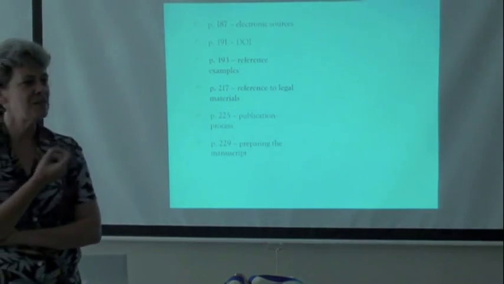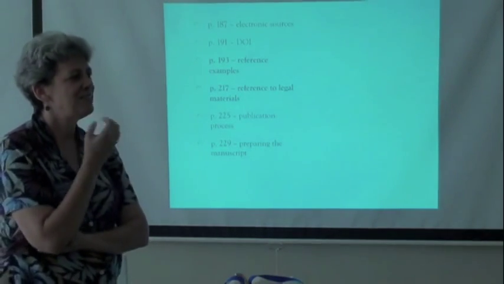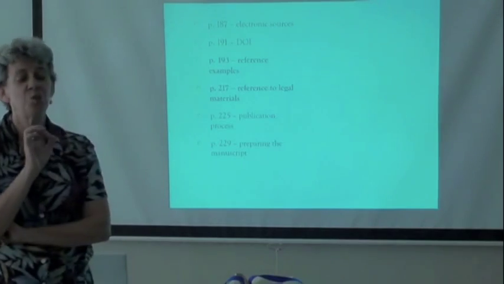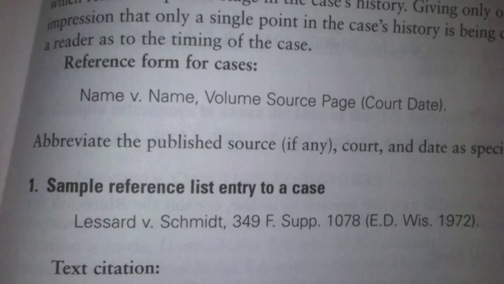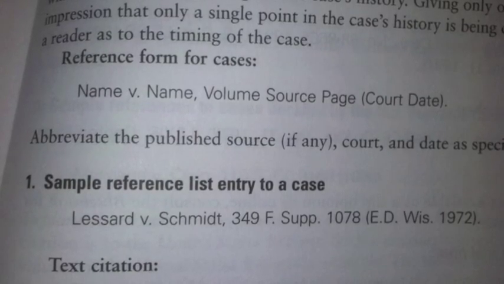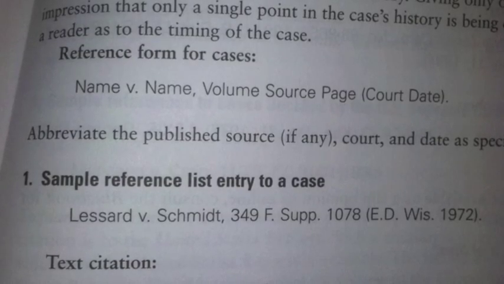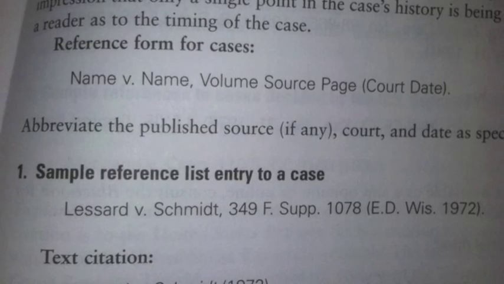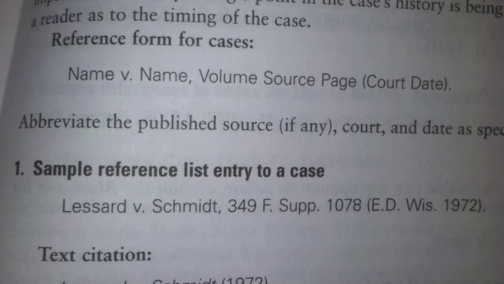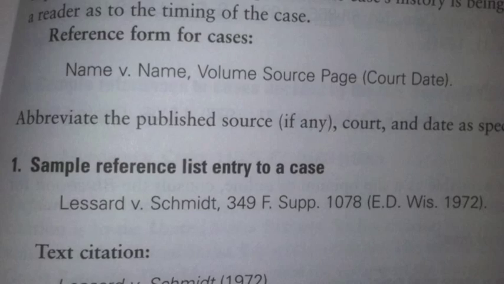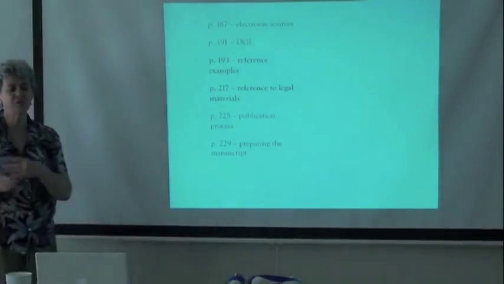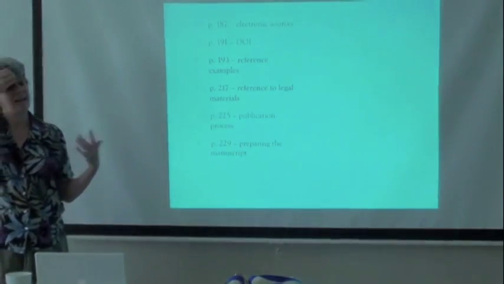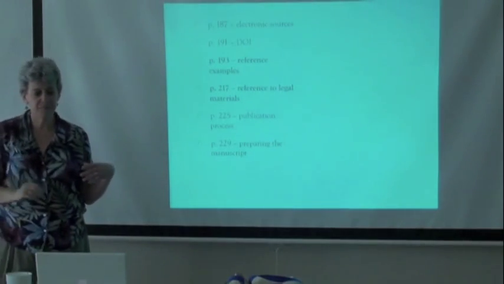You need to cite it by its public law number, and there's a specific way. There's a way to cite court cases. So if you want to cite Honig v. Doe, there's a way to cite it. If you want to cite Brown versus Board of Education. So that's one of the reasons I mark that one, the reference to legal materials, if you're going to be referring to anything like that. Okay.